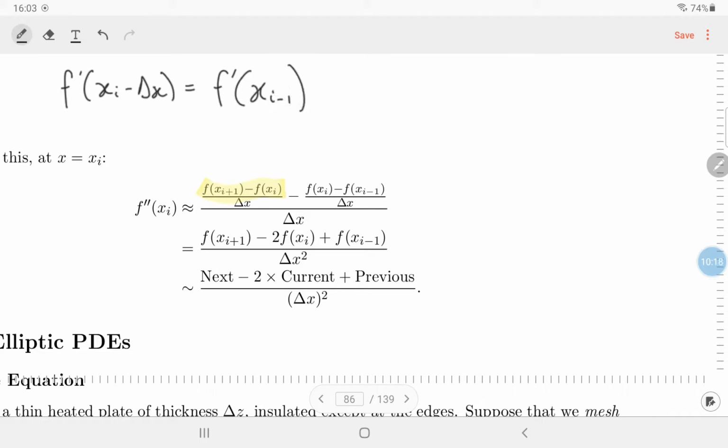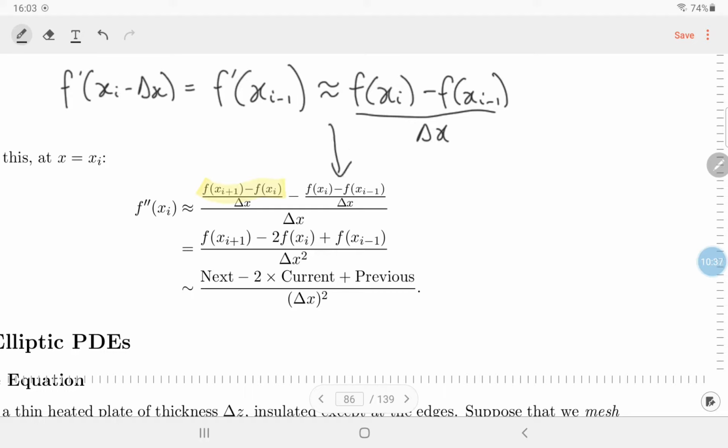And we said that we can approximate the derivative at a point as the value of the function at the next point, which is xi, minus the value of the function at the present point, which in this case is i minus 1, divided by delta x. So that's where that is coming from.